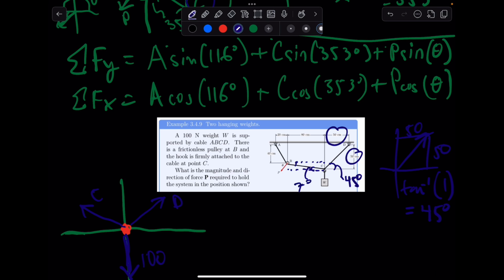So we have this one equal to 45 degrees. And then from here to here, it's 180 minus 7, which is 173 degrees.